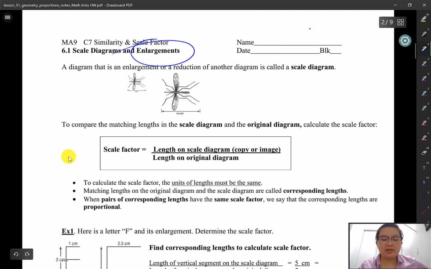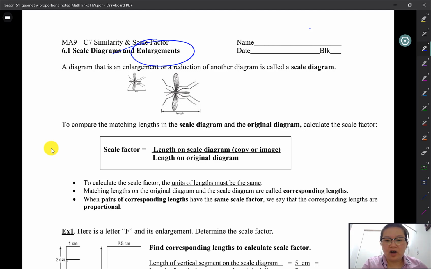So what happens here is, to show the relationship between the original size of your object and whatever is on paper or whatever you're seeing in front of you, there is a scale factor. This scale factor is the ratio between what it is on your diagram over the original size itself.